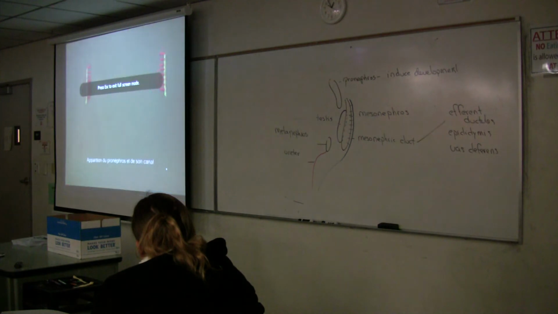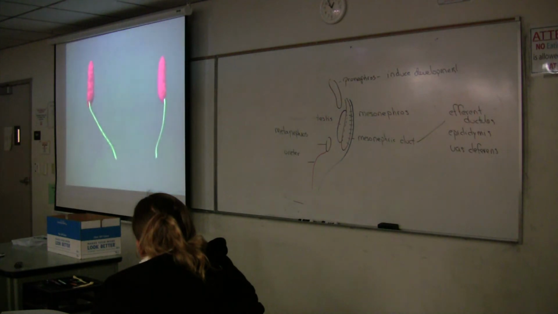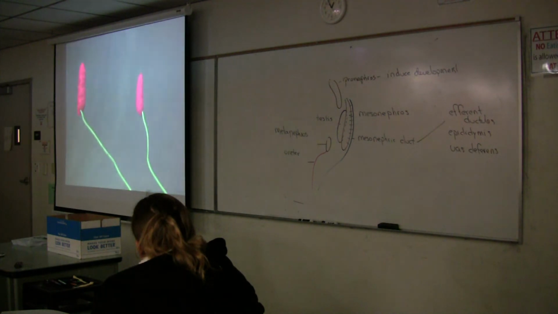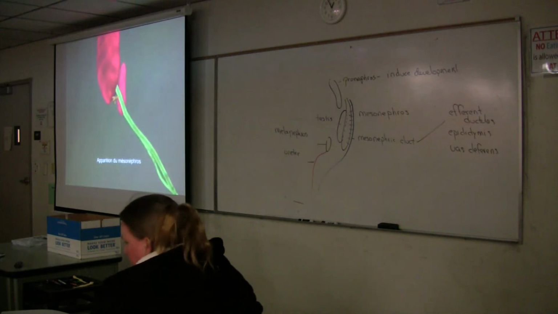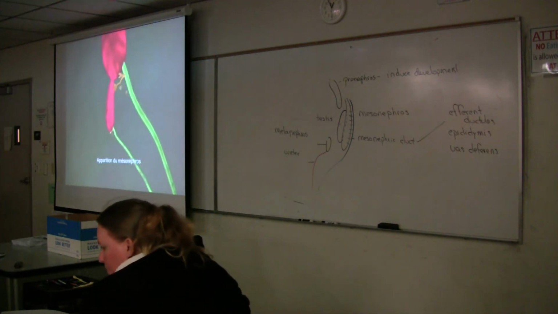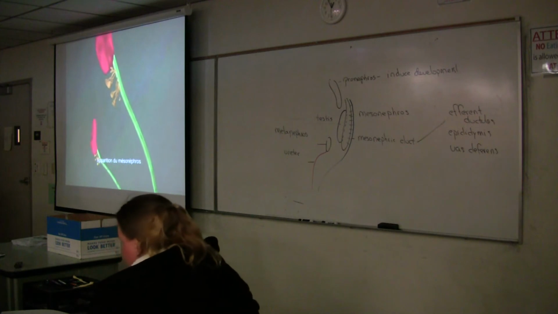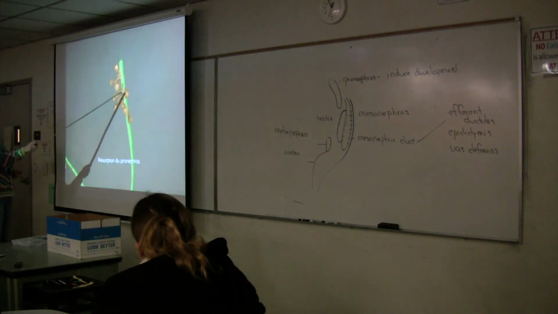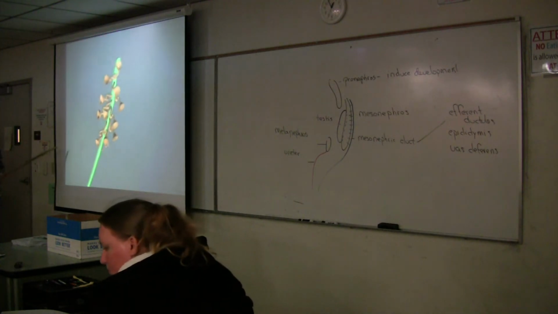Remember, you can see the three developing sets of kidneys on here. Pronephros, which induces the formation of the mesonephros, the gonad. These structures here will become the efferent ductules eventually.